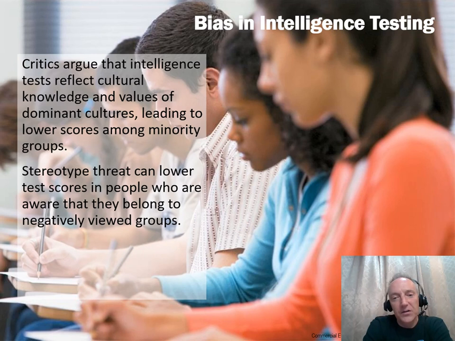Consider you are a black student taking the SAT in a predominantly white school, and in your head there's part of you that's thinking, I know that there's people who think us black kids aren't as smart as these white students. I want to prove them wrong.